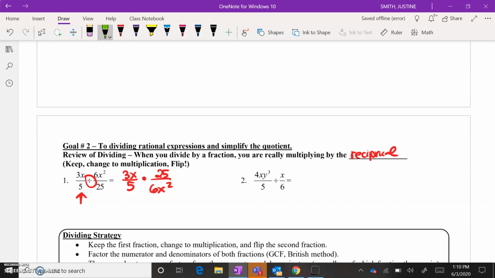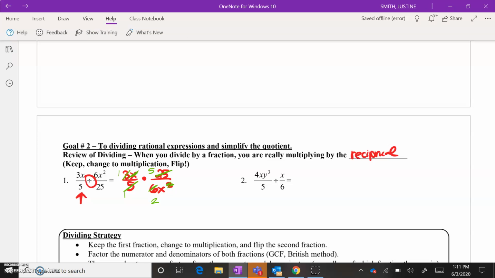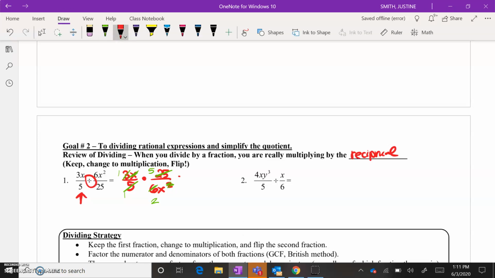So now we're just going to simplify here. So I know 5 goes into itself once, goes into 25 5 times. 3 goes into itself once, goes into 6 twice. And then I can cancel out an x and an x. So I'm just going to be left with 5 and then 2x on the bottom here.